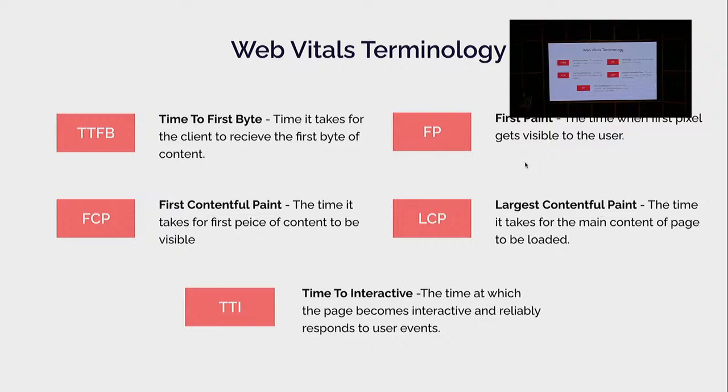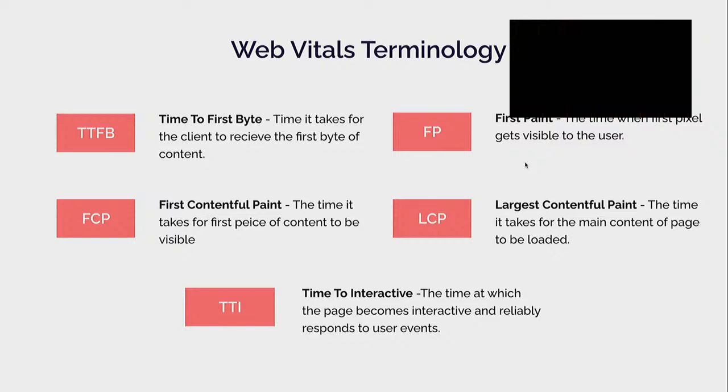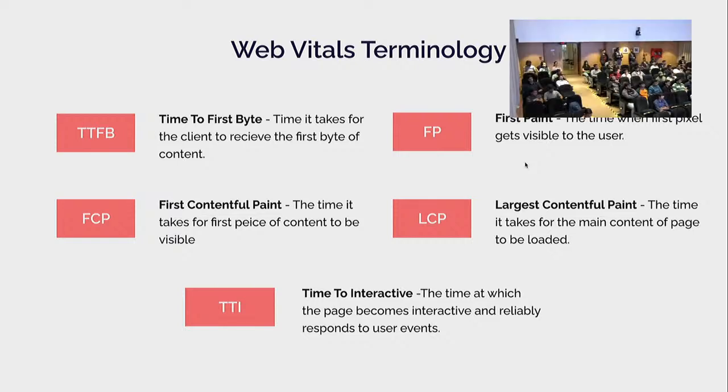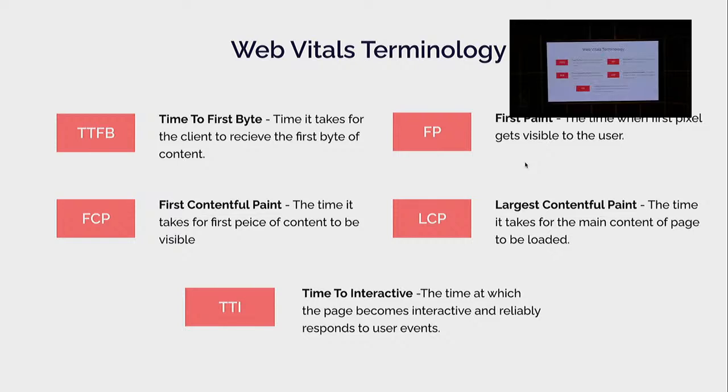Then first paint is when any pixel first becomes visible to the user. First contentful paint is the time it takes for the first piece of content to be visible to the user, and largest contentful paint is the time for the main content of the page to be loaded. You can consider it the perceived loading time when the whole app is visible to the user. Time to interactive is when users can start interacting with the app and the app responds reliably to user input.